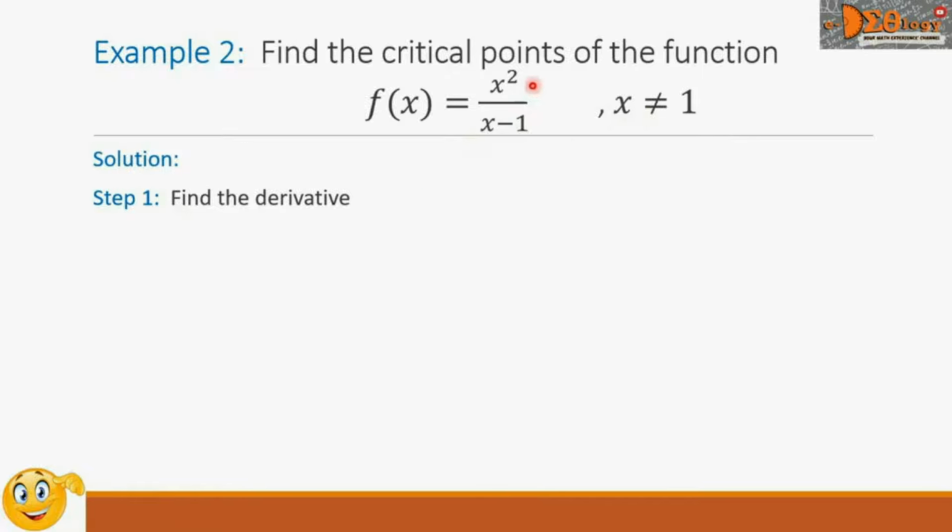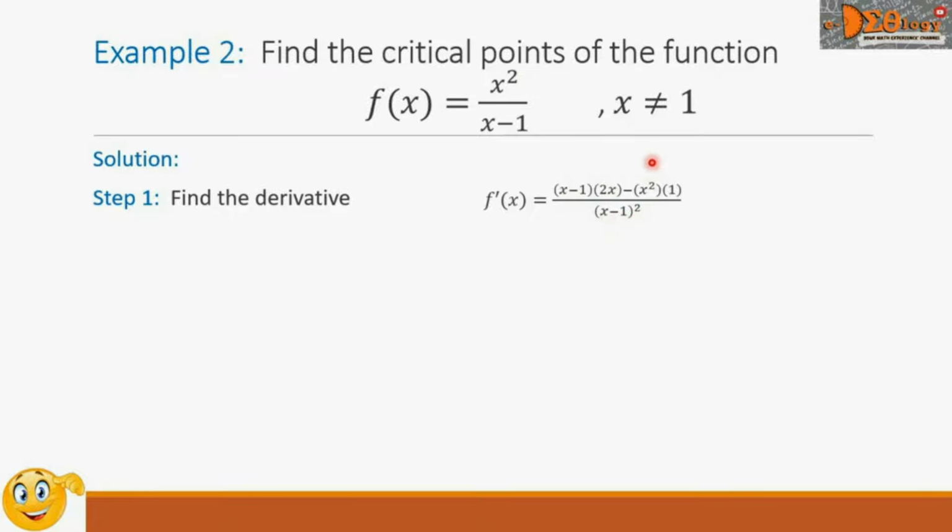We can see here that our function is a quotient, so we will apply the quotient rule. So the derivative will be f prime of x is equal to x minus 1 times the quantity 2x minus x squared times the quantity 1 all over the square of the binomial x minus 1.